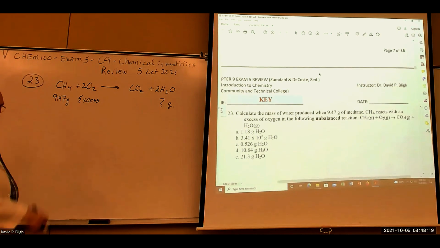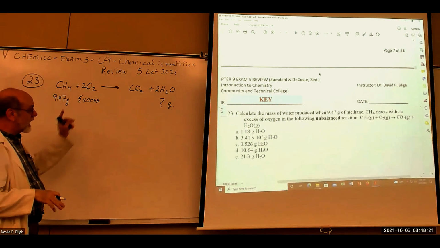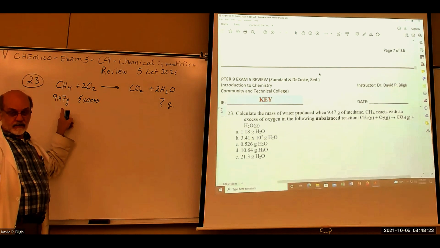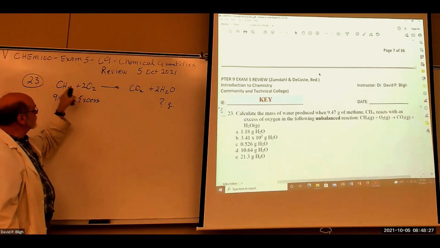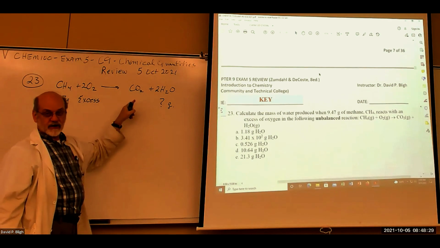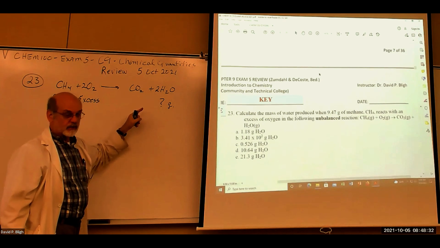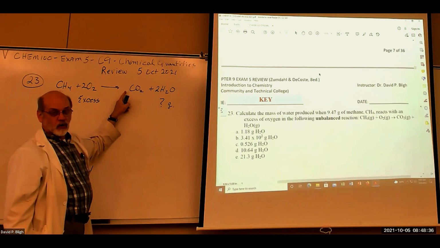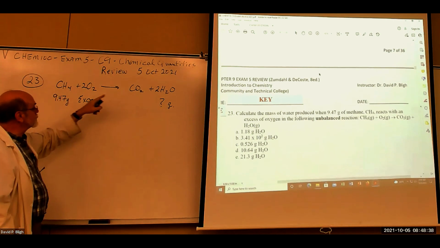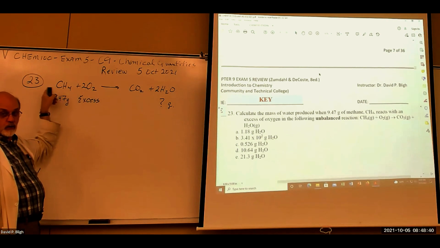Same as always. You can't get there with this value. You have to have moles because the ratio of these reactants and products is numbers of moles. That's what those coefficients mean. 2 moles of water, 1 mole of carbon dioxide are produced from 2 moles of oxygen and 1 mole of methane.